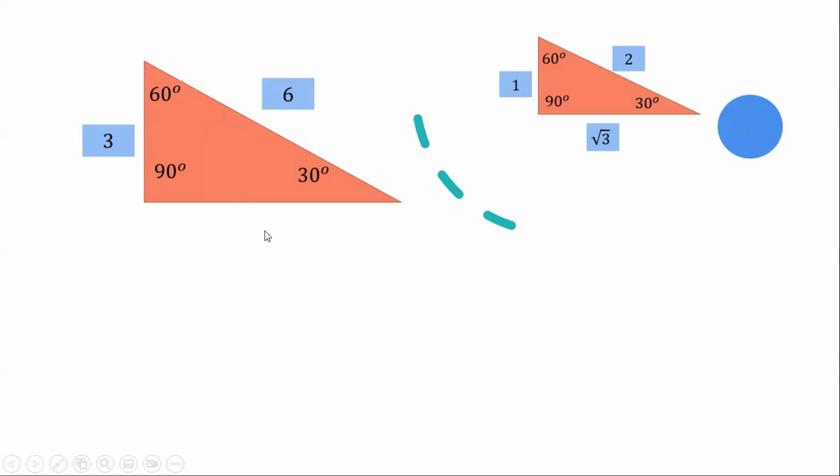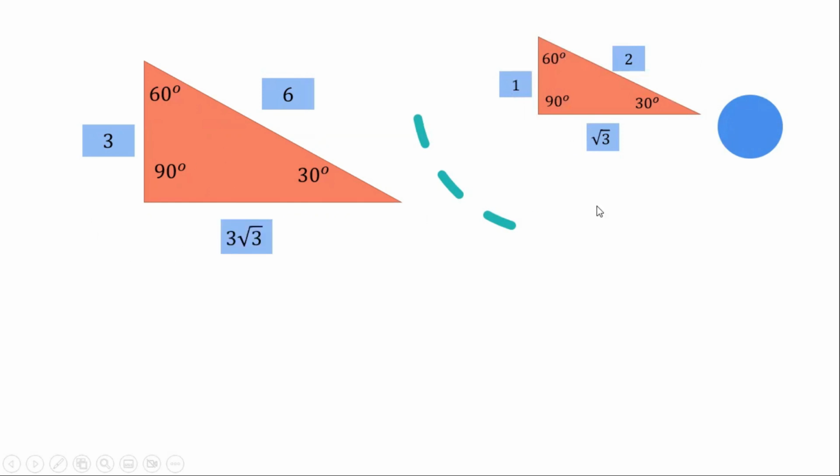And to solve for the third side, if we look at the triangle here on the upper right, we can just multiply it by square root of 3. So 3 multiplied by square root of 3 gives us 3 square root of 3.